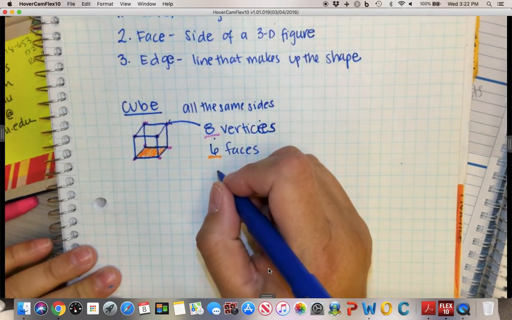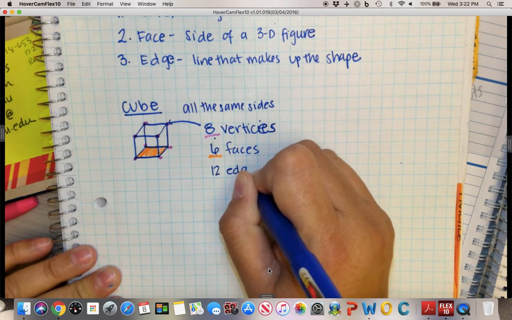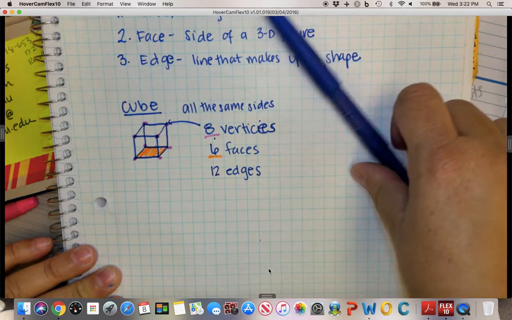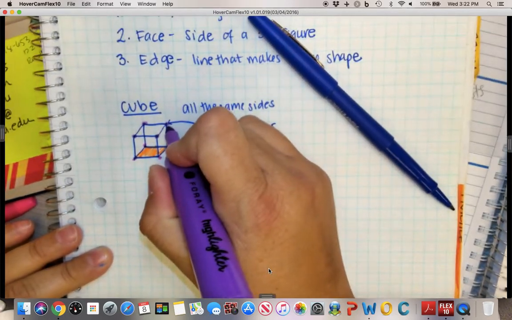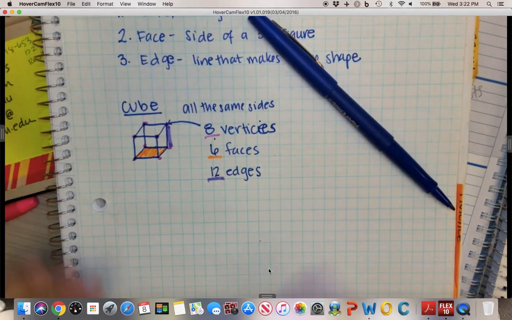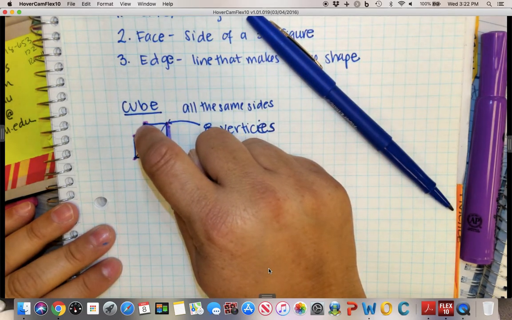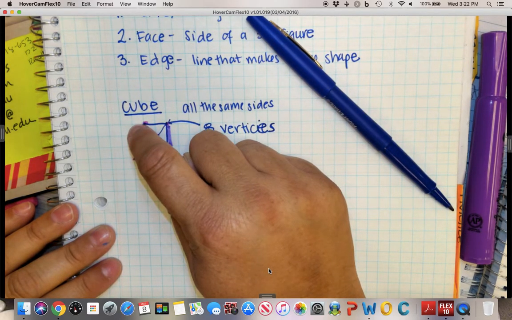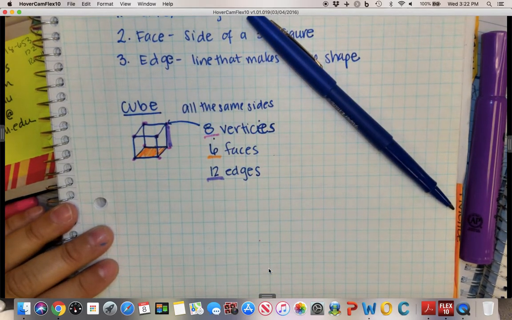And a cube has 12 edges. So it's all these lines that we drew to make up the shape. 1, 2, 3, 4, 5, 6, 7, 8, 9, 10, 11, 12.